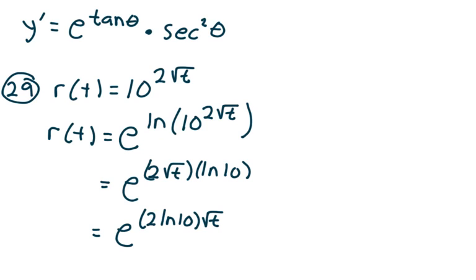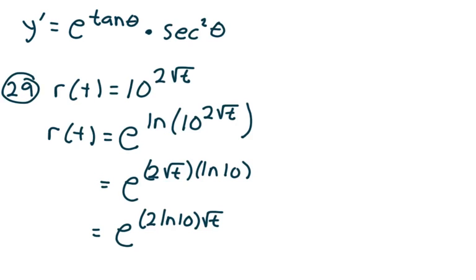Okay. I know how to take the derivative of an exponential. And so I rewrote 10 raised to the 2 square root of t in terms of an exponential function with base e specifically. Now, I'm going to let u be equal to 2 natural log of 10 times the square root of t. And so y is equal to e to the u.